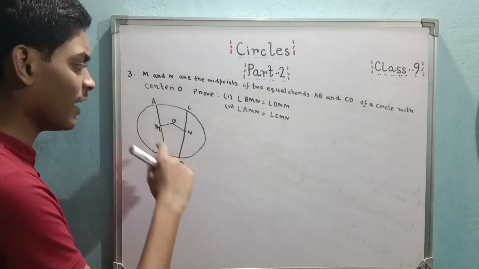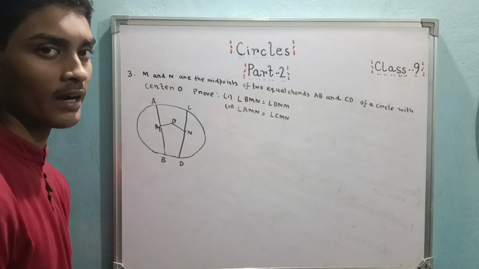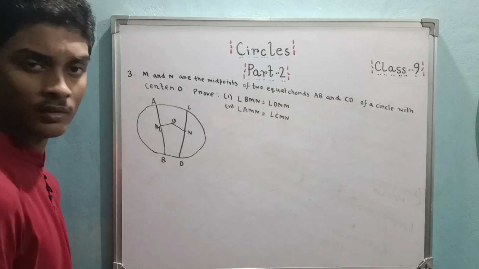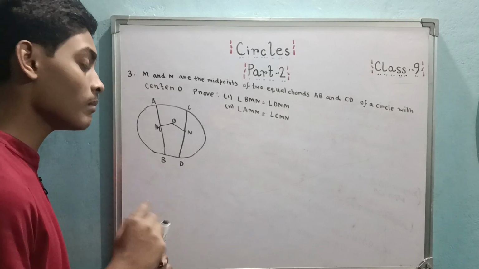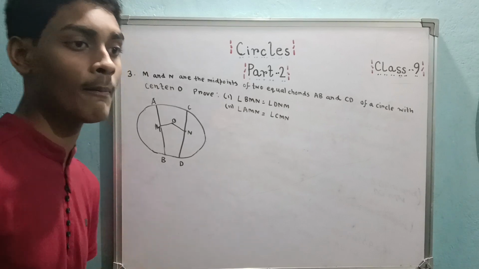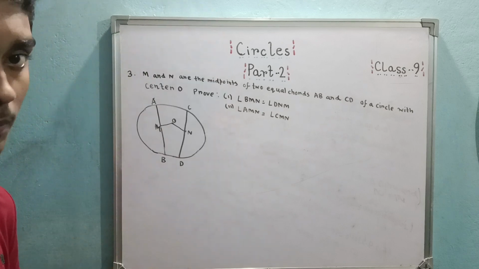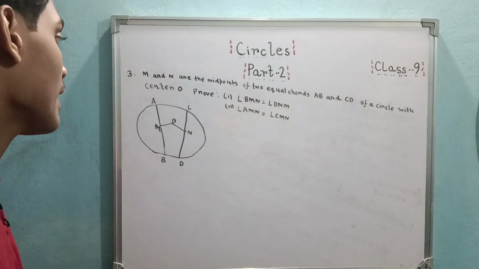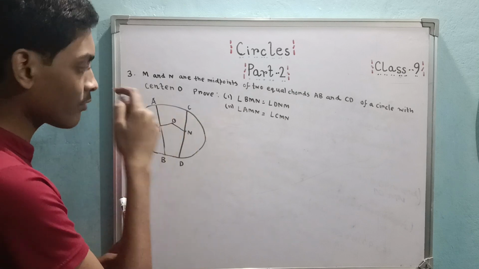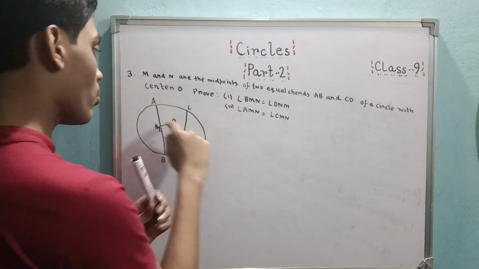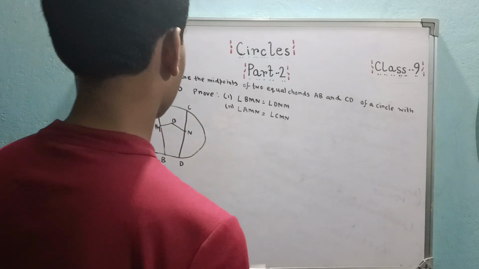That also means that M is dividing AB into two equal parts. That's making sense, right? So M is the midpoint of AB. We know midpoint is a point which separates a line into equal parts. So let M be that point. That means OM is the perpendicular to AB. Similarly, ON is perpendicular to CD.